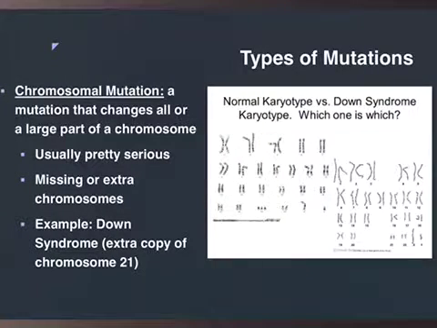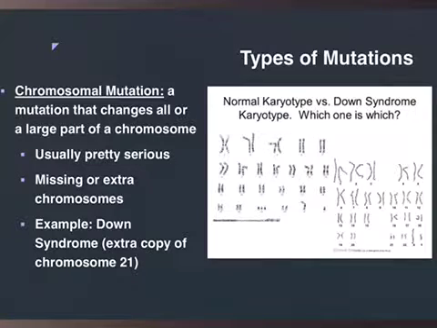So types of mutations could be chromosomal mutations, and these are mutations that change all or a large part of the chromosome. And these are usually pretty serious. We could have missing or extra chromosomes like we do in Down syndrome. In Down syndrome, there's an extra copy of the 21st chromosome.